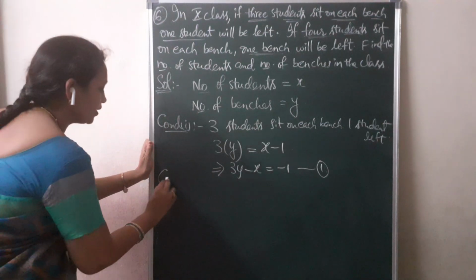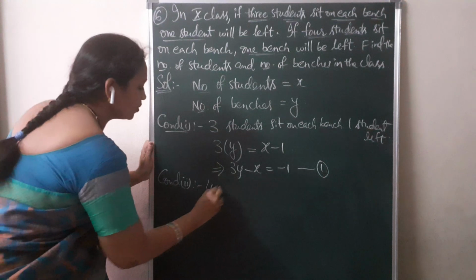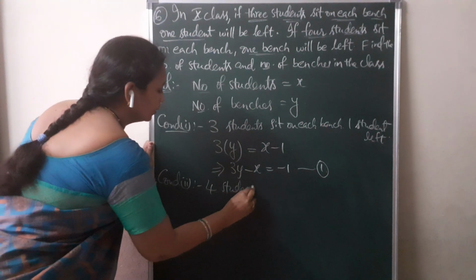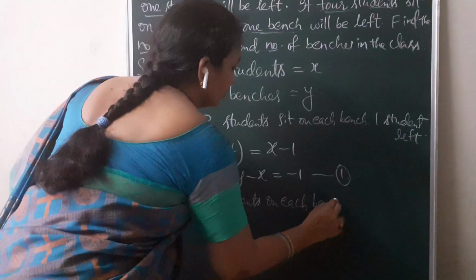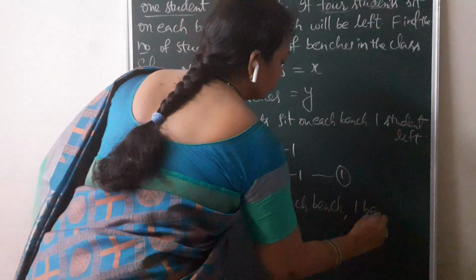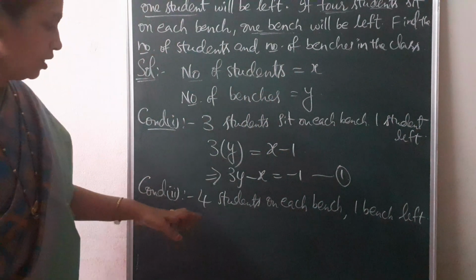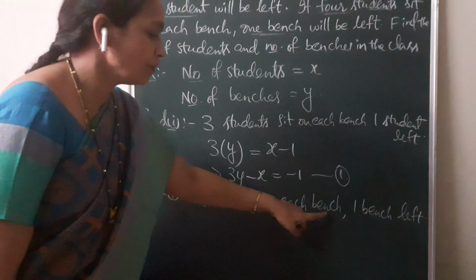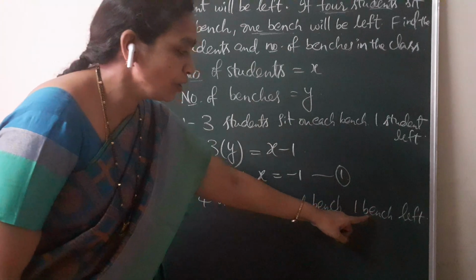Okay, and what is condition 2? 4 students are sitting on each bench, and one bench will be left over. But how many benches are occupied?